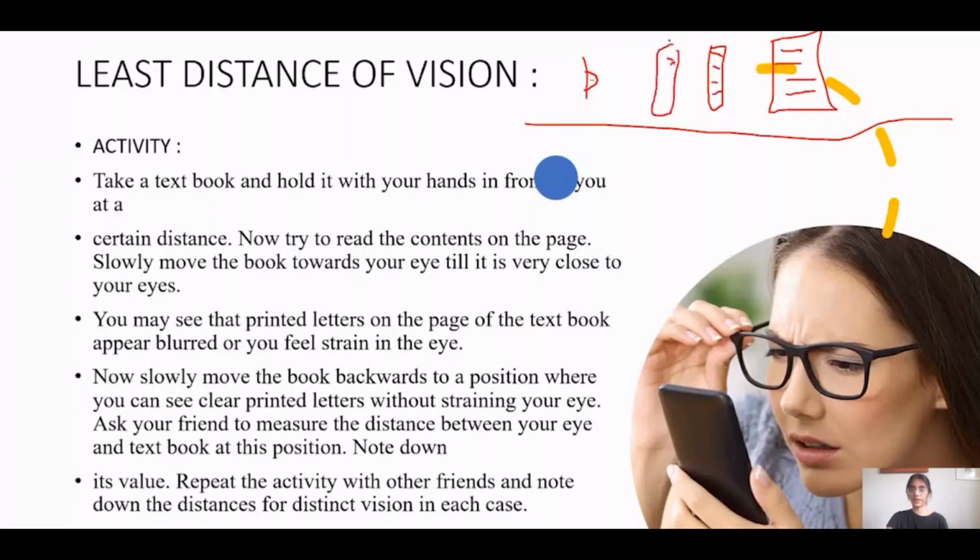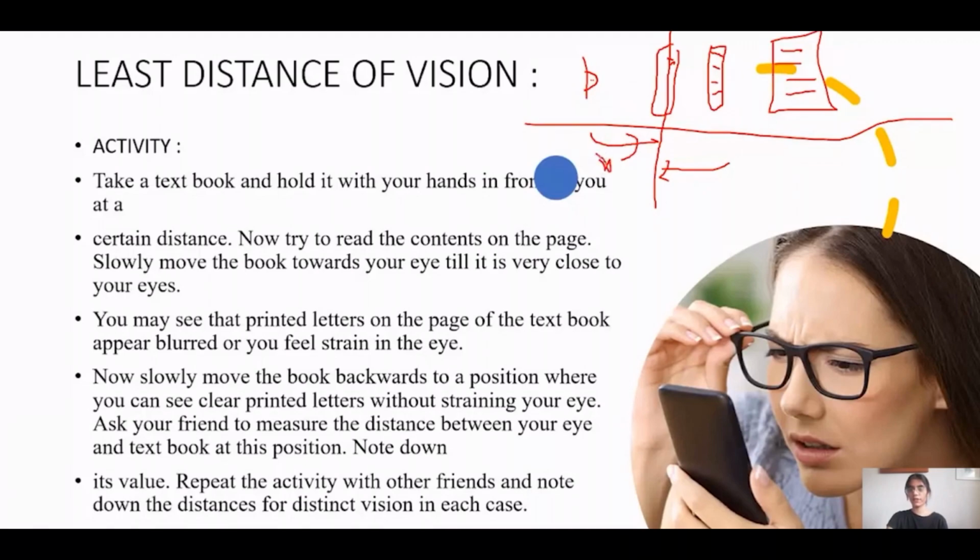Let's say after this exact point, you cannot see the contents of the book clearly. So what is this distance between your eye and this point? This distance is the least distance of vision, the minimum distance at which you can see objects around you clearly. If you bring any object closer than this distance, let's say this distance is V.